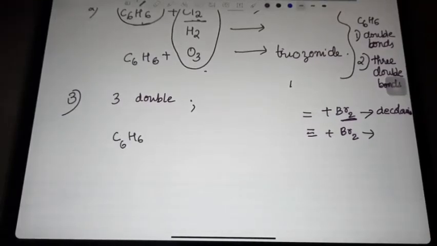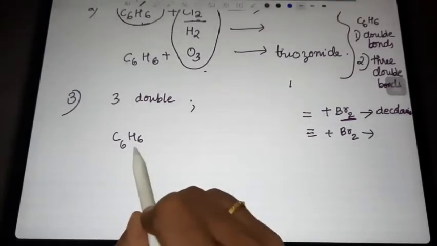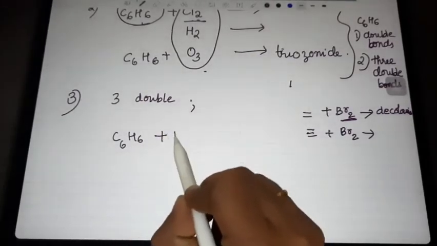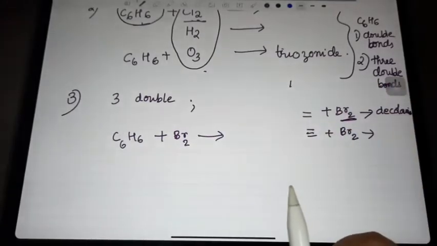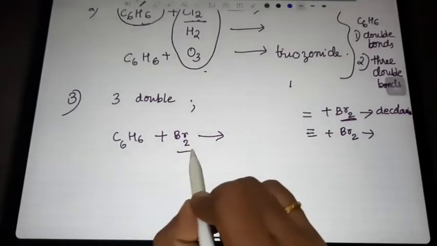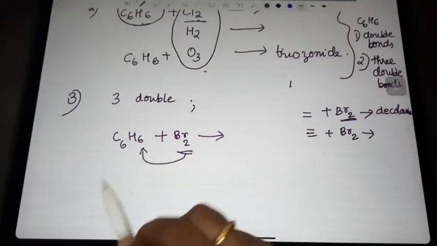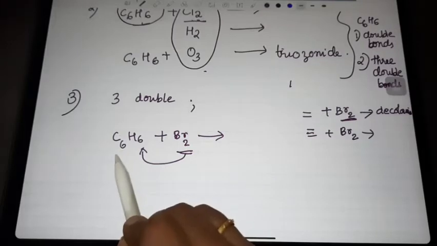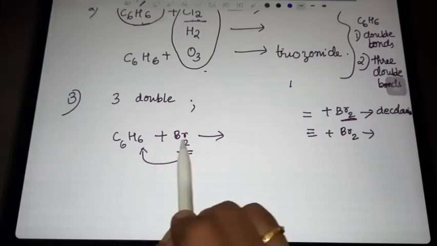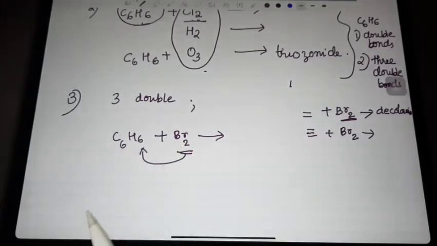So, when we try to conduct this addition of bromine with benzene, there is no immediate decolorization. That means bromine is not used up for this addition reaction. You know that there are double bonds in this benzene. Even then, when we add bromine, there is no decolorization.